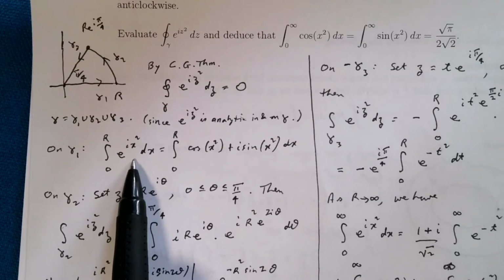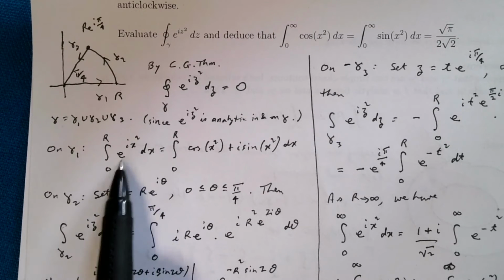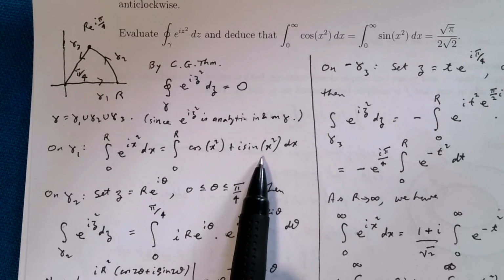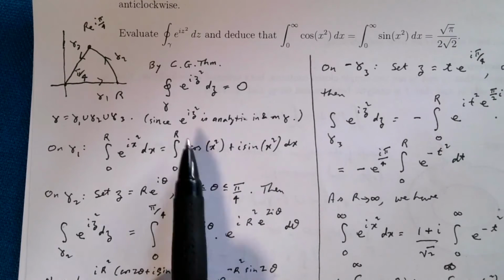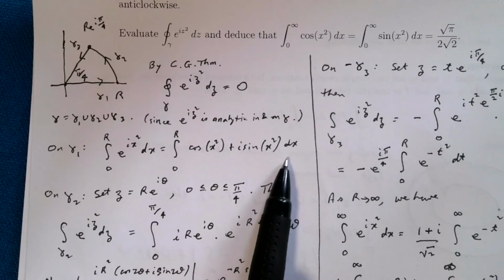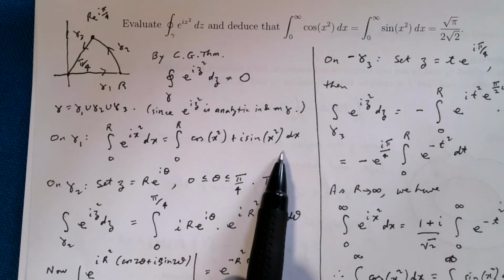I can split this, using Euler's formula, into cos of x squared plus i sine of x squared. This is still a finite integral, so we'll leave that one for the moment and come back to it at the end.